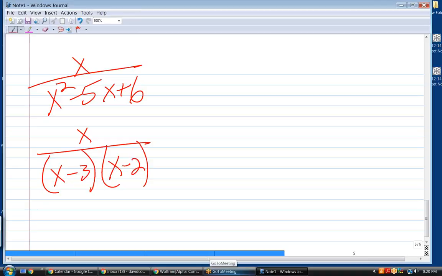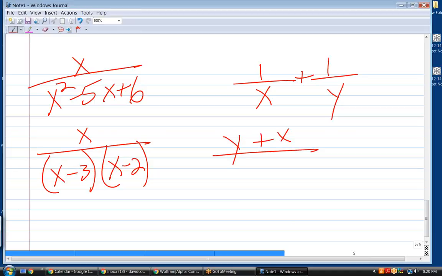Now you want to remember how you added fractions. Let's add the fraction 1 over x to 1 over y. What do I do? I find a common denominator, right? Correct. So that ends up being y plus x over xy.